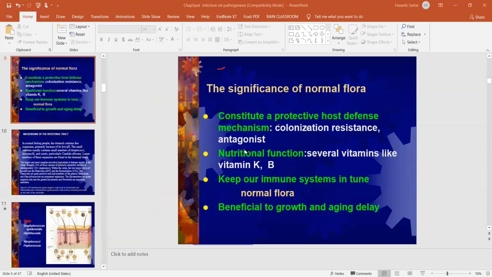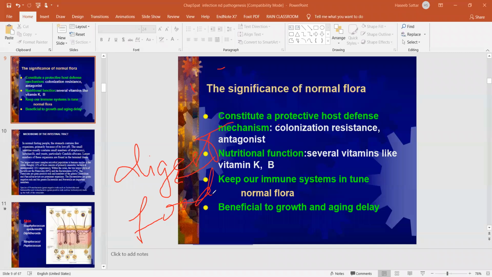Another important significance is that gut bacteria digest the food particles which are present in our feces.